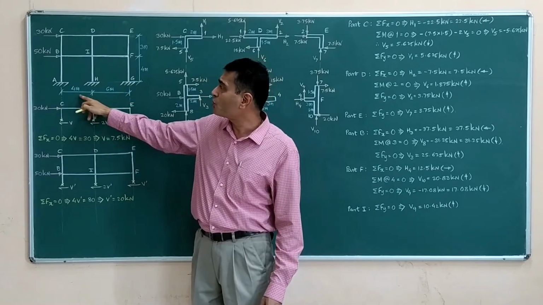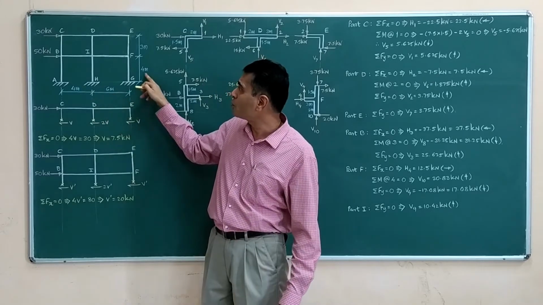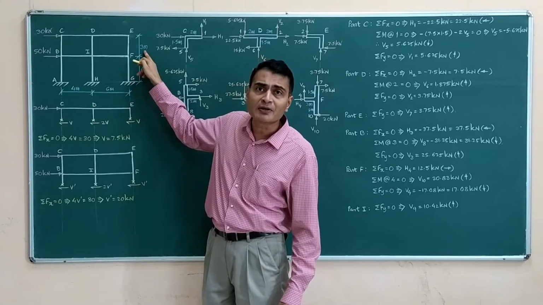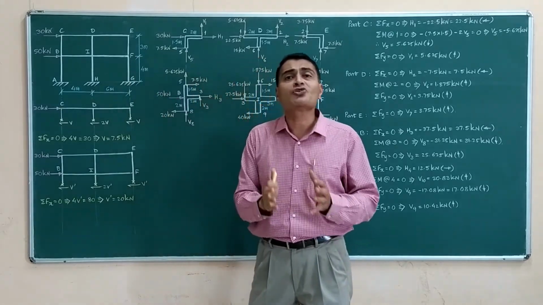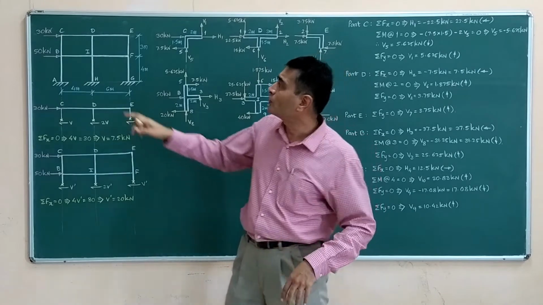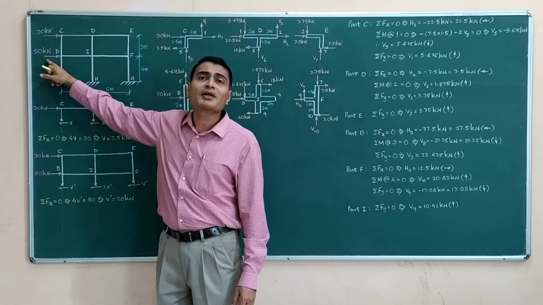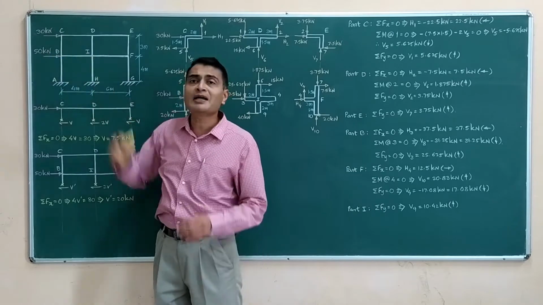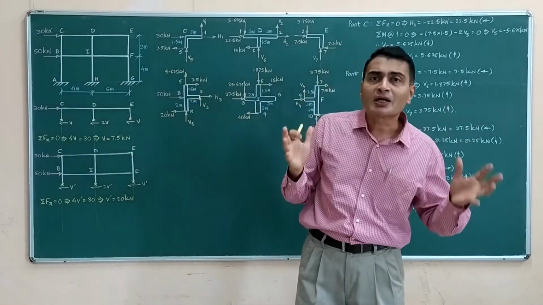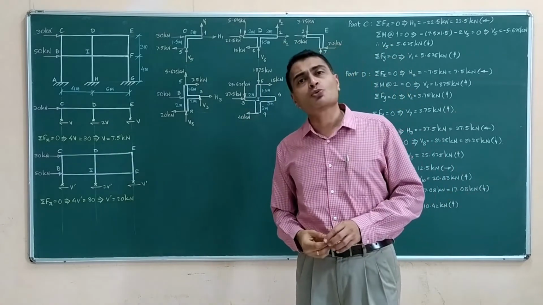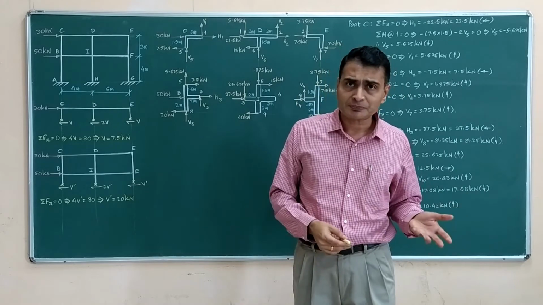We have spans of 4 meters and 6 meters, column heights of 4 meters and 3 meters, and laterally there are 2 point loads acting on joint B and joint C, respectively 50 kilonewtons and 30 kilonewtons. So this is the numerical example, and we are supposed to analyze this portal using the Portal method.